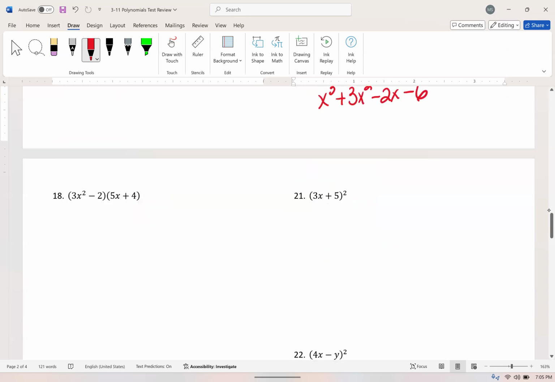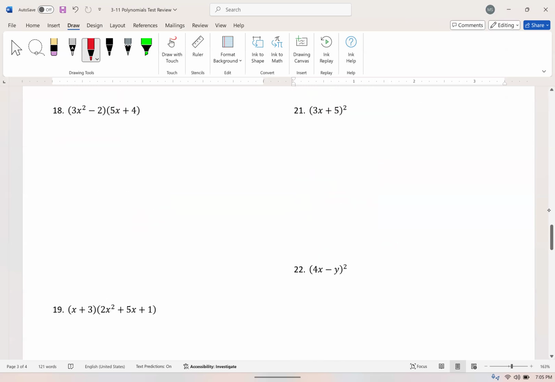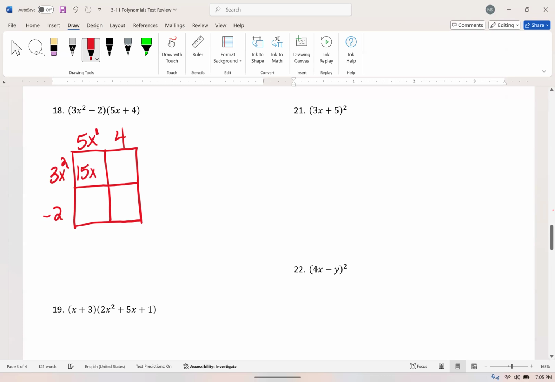Okay, let's take a look at number 18. Very similar kind of problem here. So I have 3x squared minus 2, and then I have 5x plus 4. So 3x squared times 5x, that's 15. And remember, there's a 1 here, so 2 plus 1 gives you the 3.